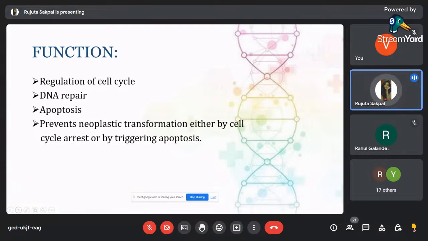It is an anti-cancer agent, so it activates DNA repair proteins when DNA is damaged and induces cell cycle arrest by holding the cell. Third is apoptosis: if DNA is damaged beyond repair, the cell can just commit suicide. The fourth function is to prevent neoplastic transformation, either by cell cycle arrest or by triggering apoptosis.